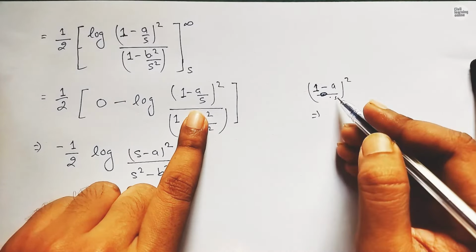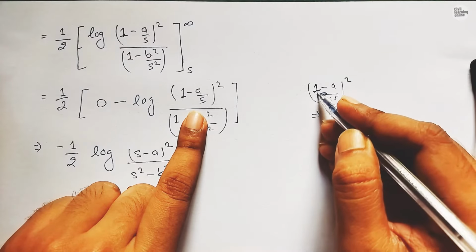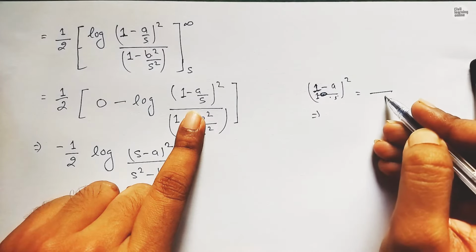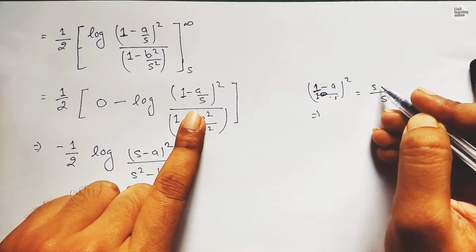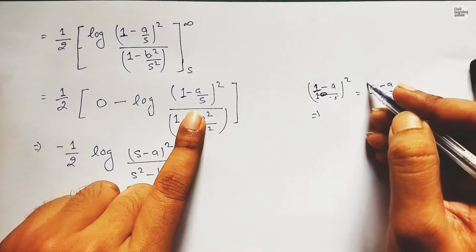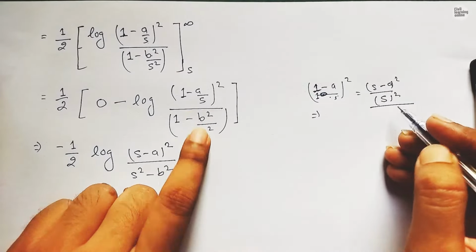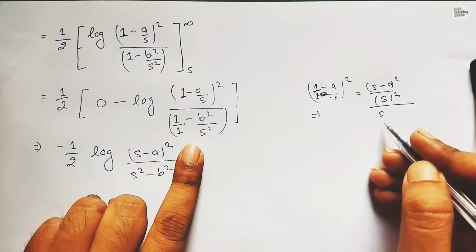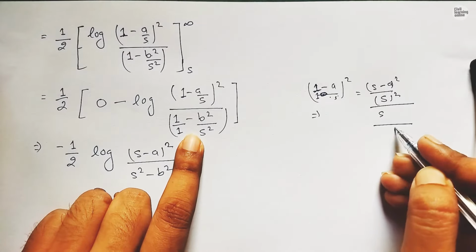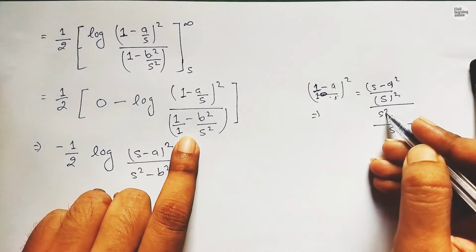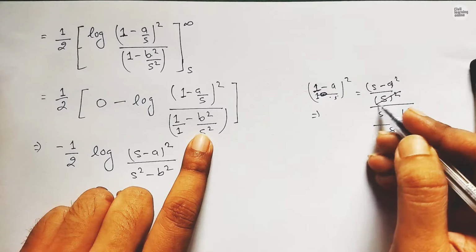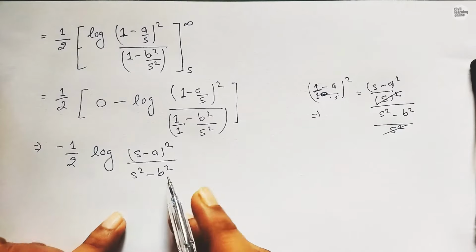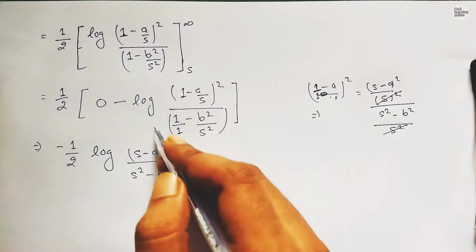When we take the LCM, numerator will be s and denominator will be s minus a, and this is whole square, means this square and this square upon s square. Here nothing, means 1, so the numerator will be s square, and the denominator is s square, and 1 times s square is s square minus b square, and this s square gets cancelled out. So we will get this (s minus a) square upon (s square minus b square). This is the outcome of this term.